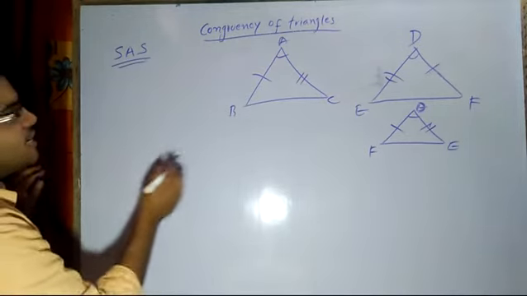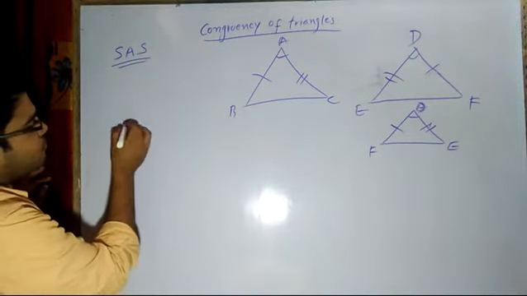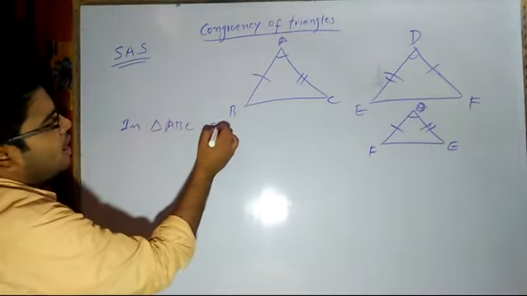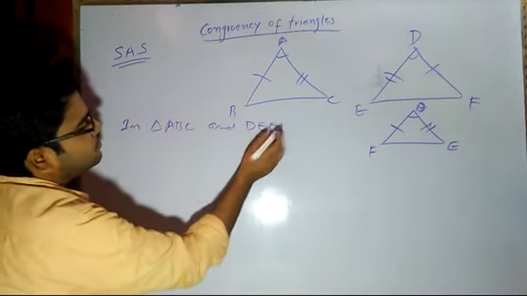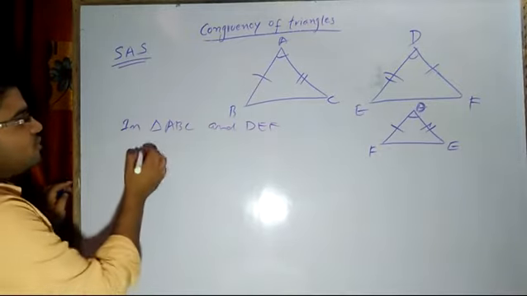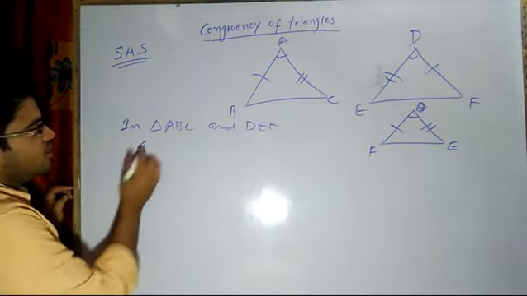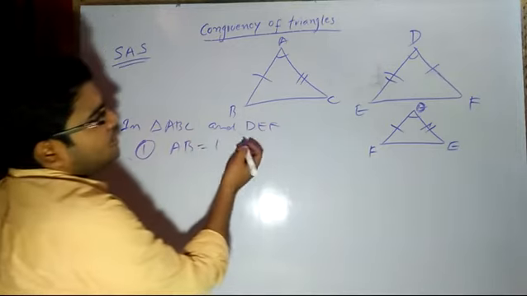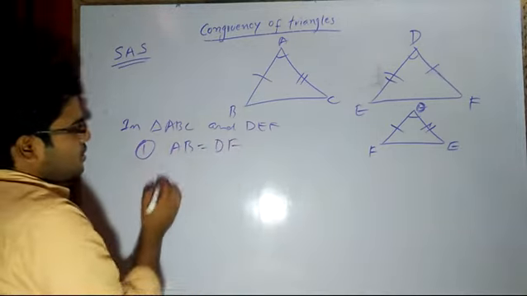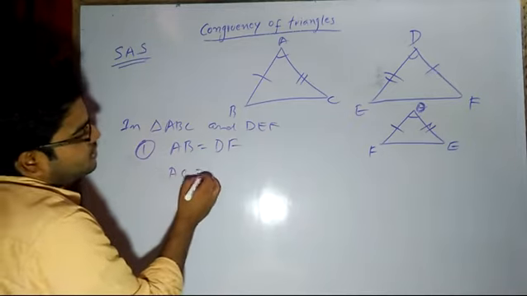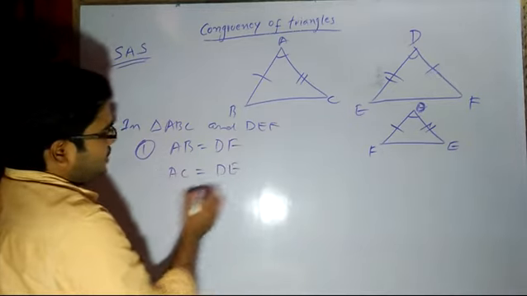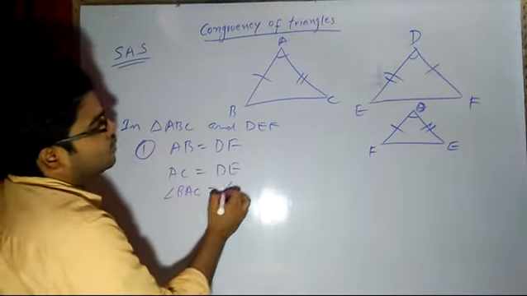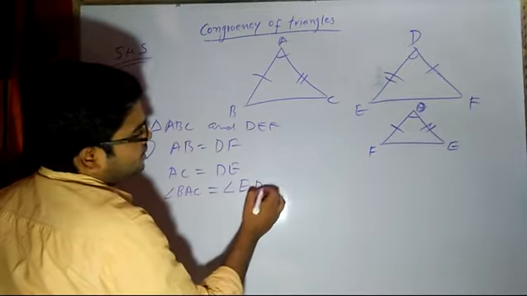So based upon side angle side criteria, what do you have to do? You have to again write the same thing in triangle ABC and DEF. The first condition you will write is AB is equal to DF, then you can write AC is equal to DE, third you can write angle BAC is equal to angle EDF.